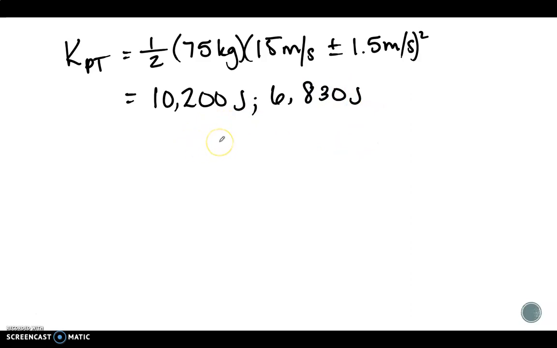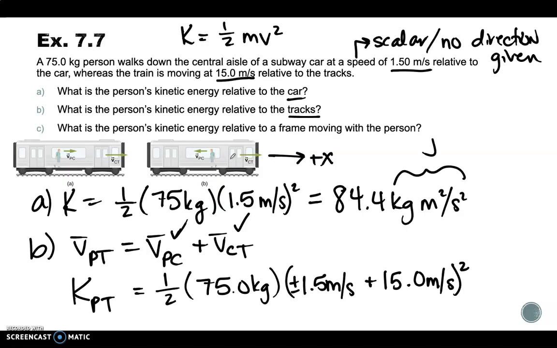So these are drastically different kinetic energies. Okay, it's off about 4,000 joules. So just note that you want to cover all bases. If the problem doesn't state the direction of motion, then you'll want to make sure to add that there might be two different possibilities. Okay? All right, let's go back to the problem.